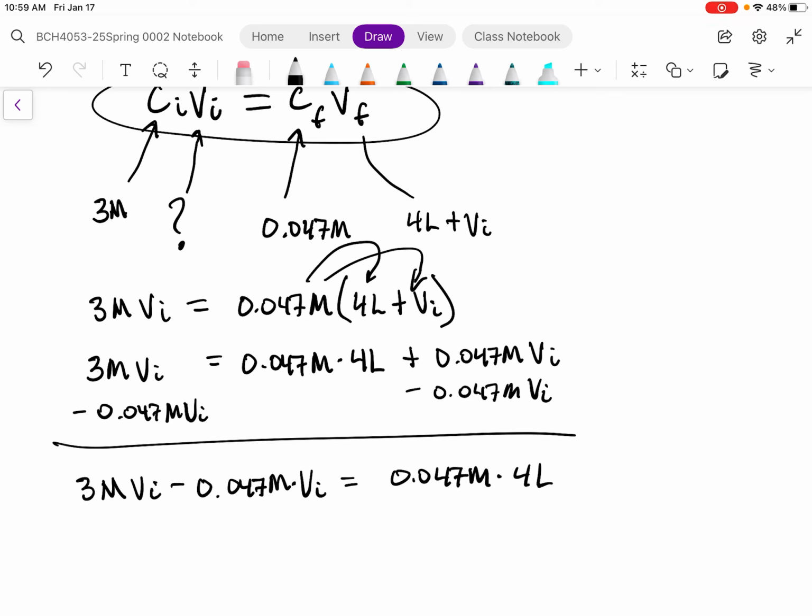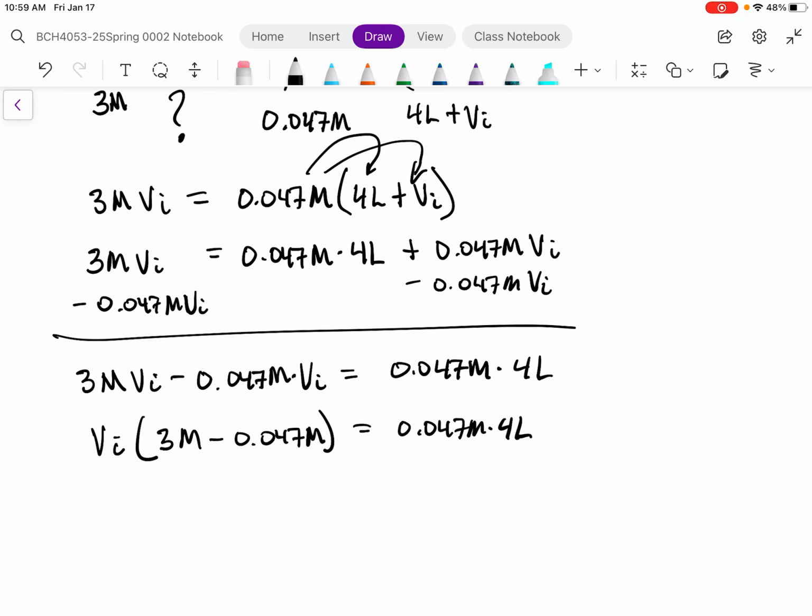Okay, and then let's factor out a VI. So we would have 3M minus 0.047M, times VI, equals 0.047M times 4 liters.